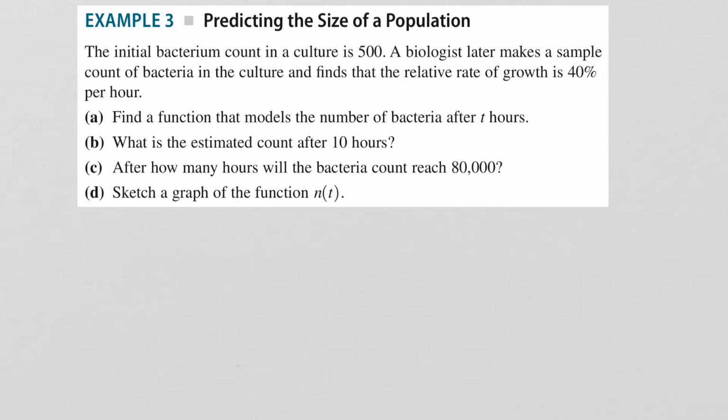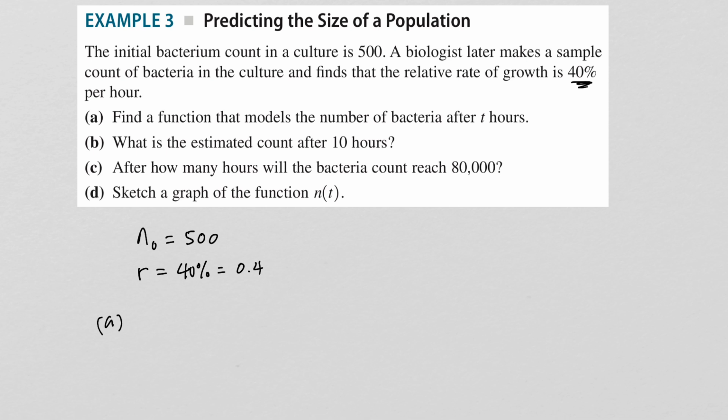So for the next example, the initial bacterium count in a culture is 500. So we know N naught is equal to 500. A biologist later makes a sample count of bacteria in the culture and finds that the relative growth rate is 40% per hour. So r is going to be 40%, which is 0.4, and that's per hour.